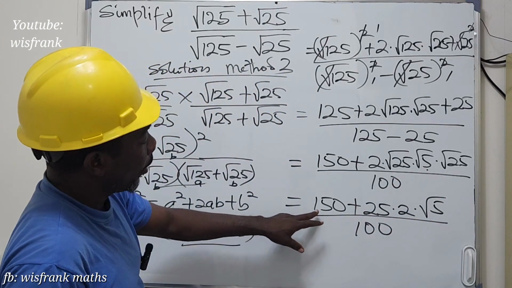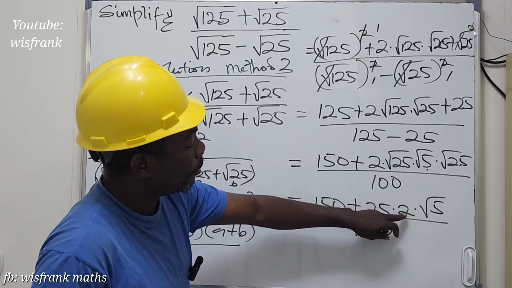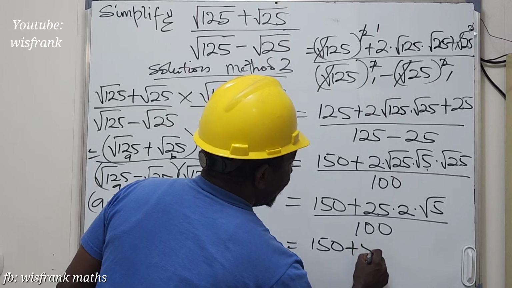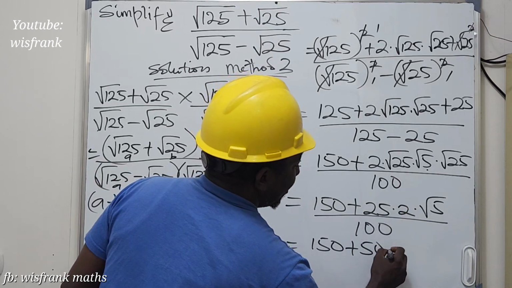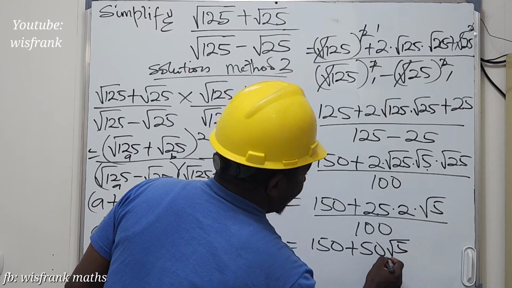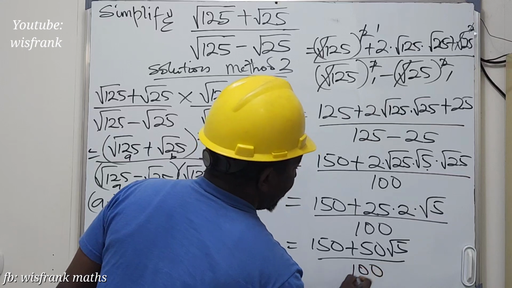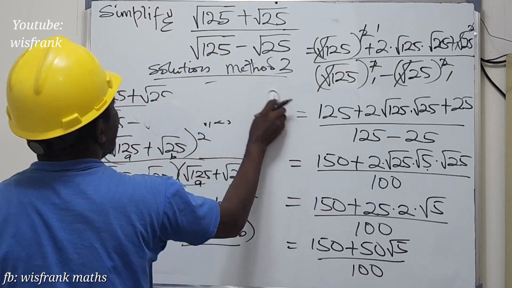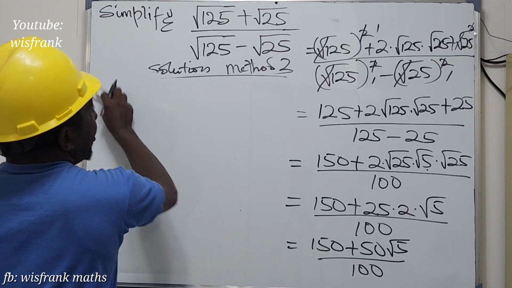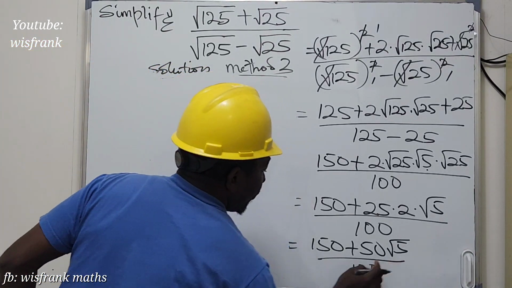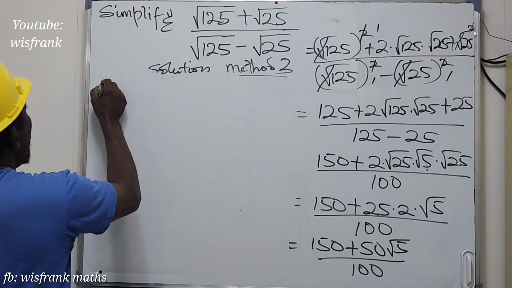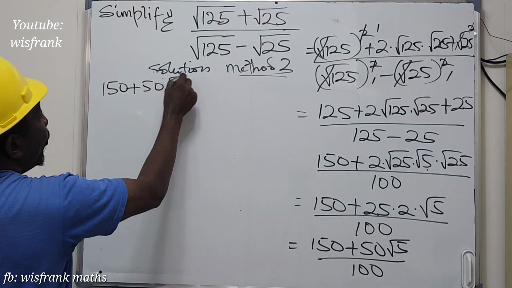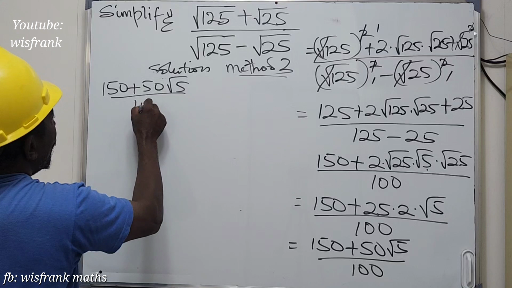Here 25 times 2 is 50, so this becomes 150 plus 50 root 5 all over 100. So here, as we said, we have 150 plus 50 root 5 all over 100.